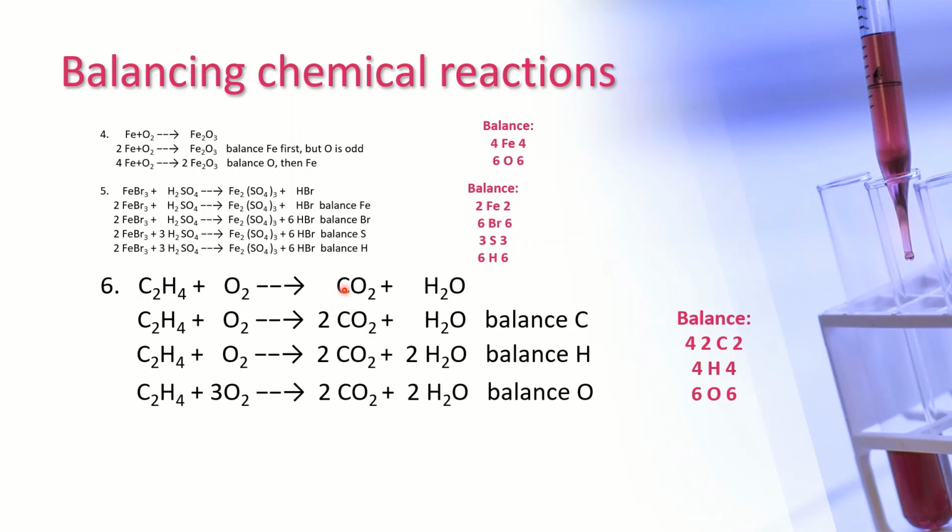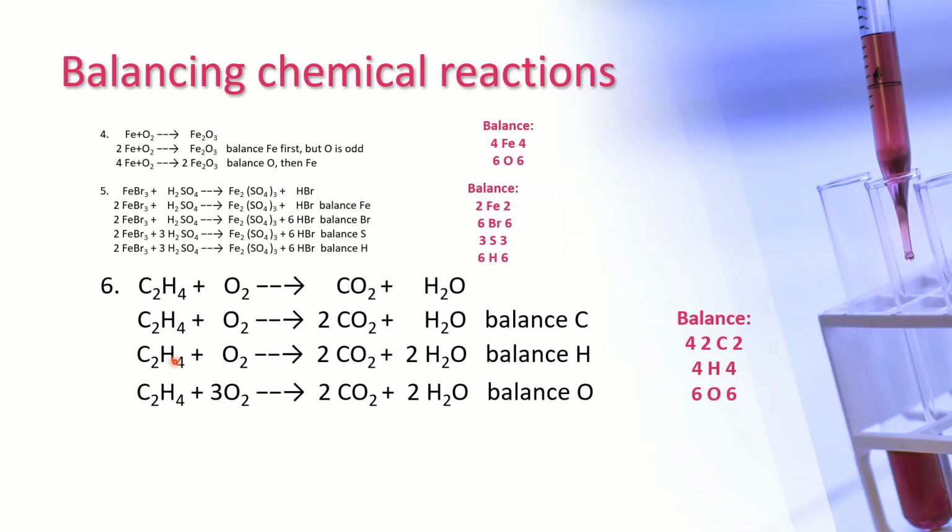So you need to add coefficient 2 before carbon dioxide to balance the number of carbon. Now next is the number of hydrogen. At the left is 4 and at the right is only 2. So you need to add coefficient 2 before water to balance the number of hydrogen. 4 at the right and 4 at the left.